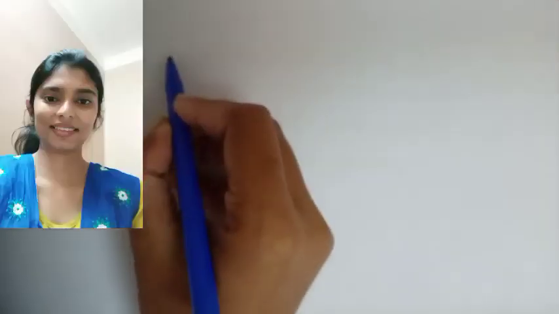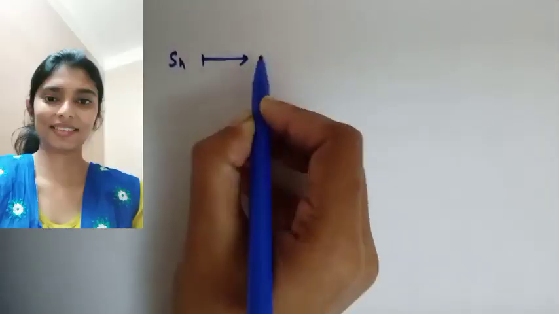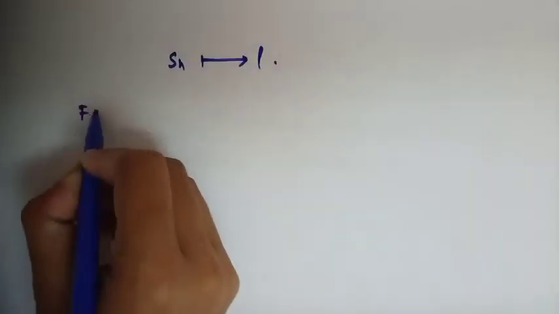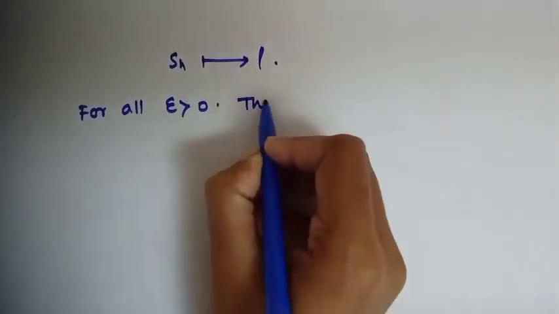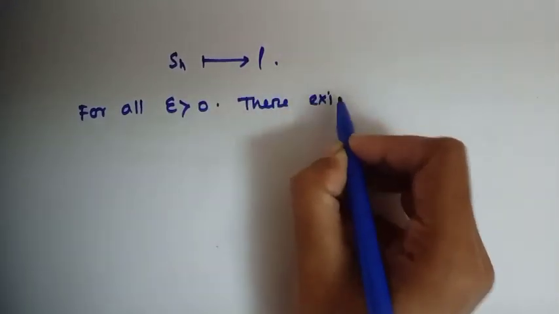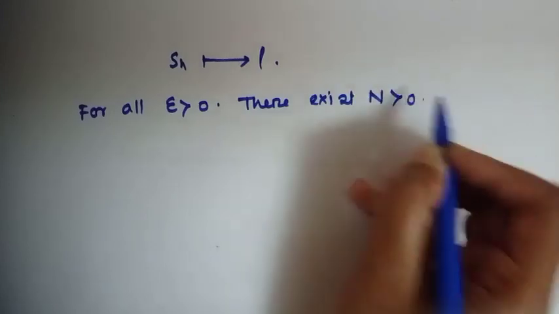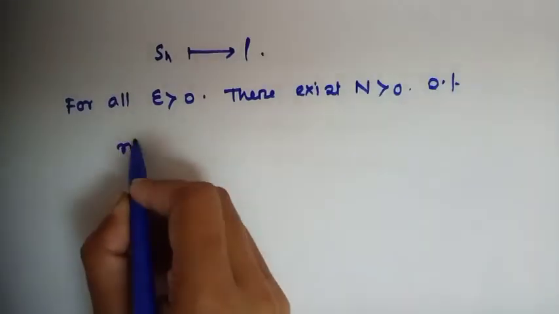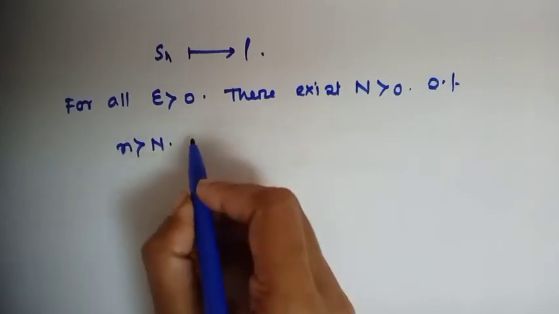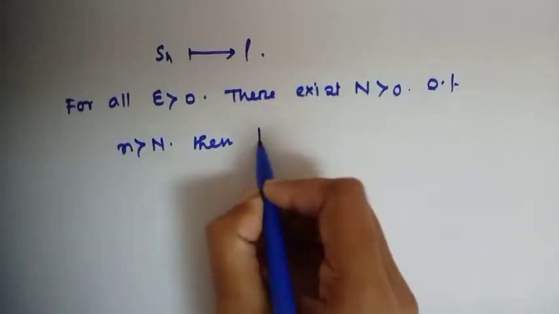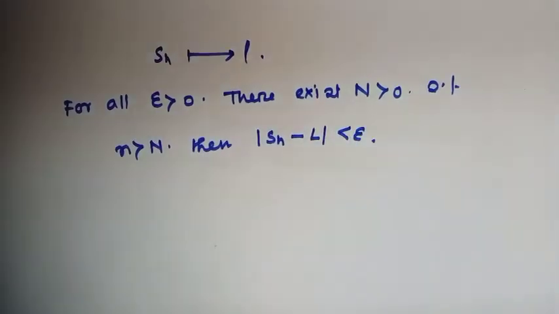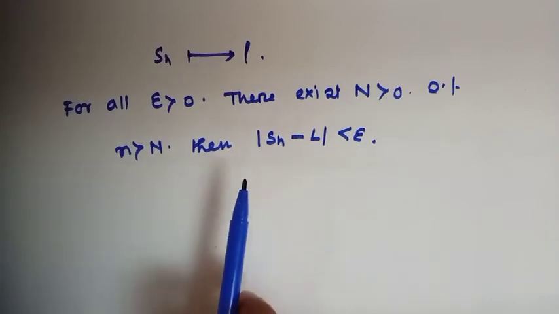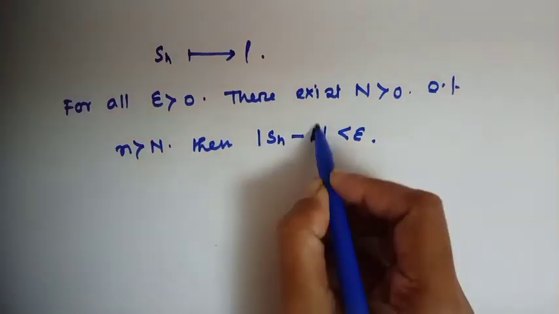Recall the definition. Sn converges to L. For all epsilon greater than 0, there exists N greater than 0 such that n strictly greater than N, then absolute value of Sn minus L strictly less than epsilon. This is the definition of convergent.